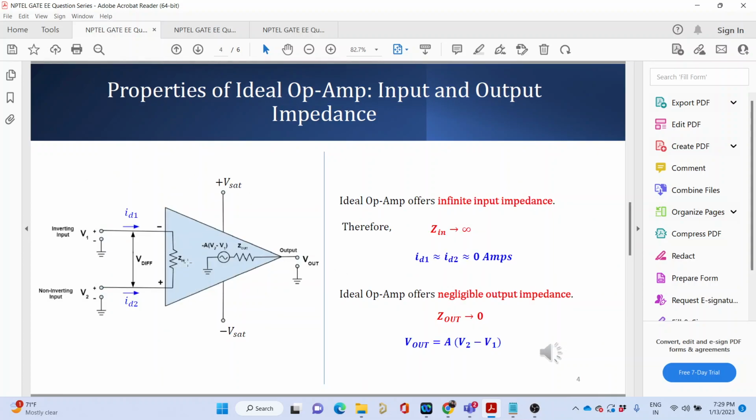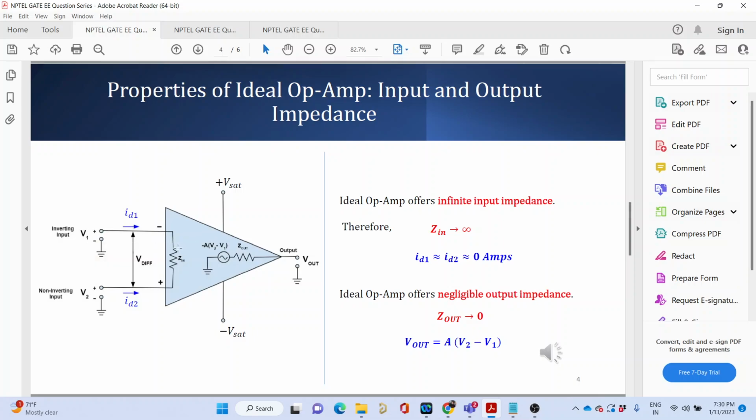And this is something which I have already explained to you. The ZIN I want to be very high, because I do not want the device to draw any current from the voltage at this terminal. Maybe you are comparing something, so maybe there is a potential divider over here, and you are connecting this point to some potential divider.